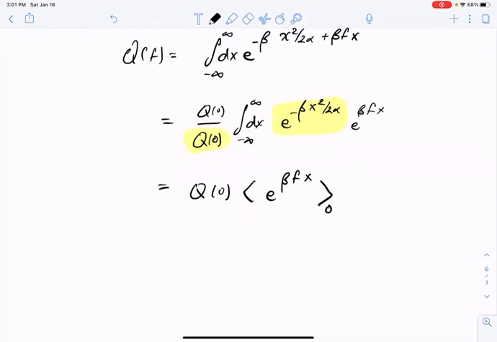That expectation value is an average over a Gaussian distribution, the highlighted probability distribution, and can be evaluated explicitly, yielding an expression for Q of F, the partition function in the presence of the force, as it in its absence times a factor of e to the beta alpha f squared by 2.